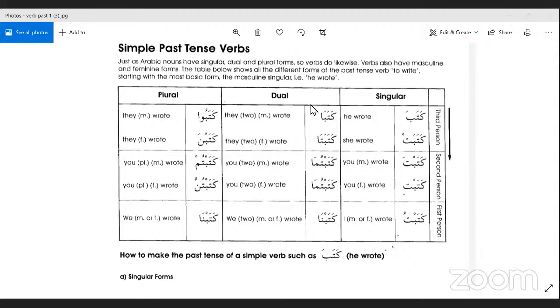The female will be jalasti, jalastuma, jalastunna. Excellent. And the first person, jalastu, I sat. Correct. And jalasna, we sat. Excellent.